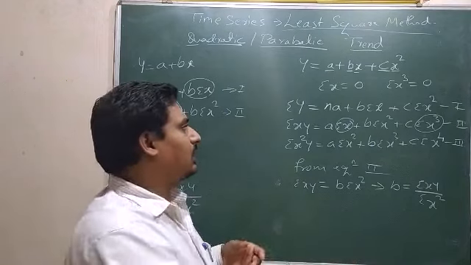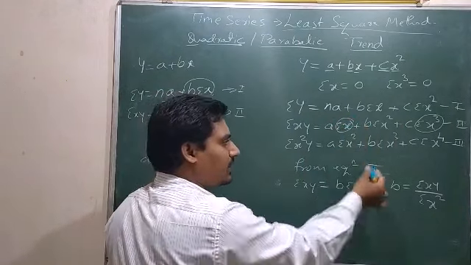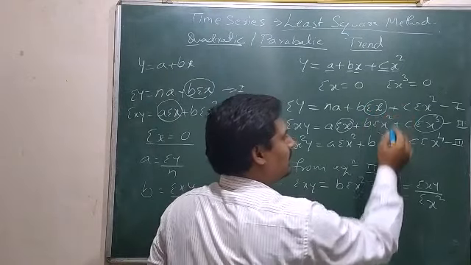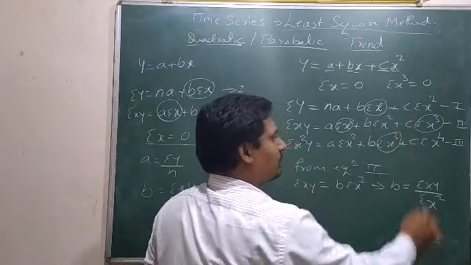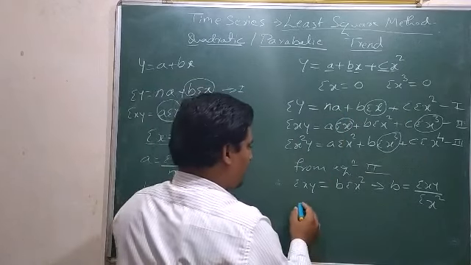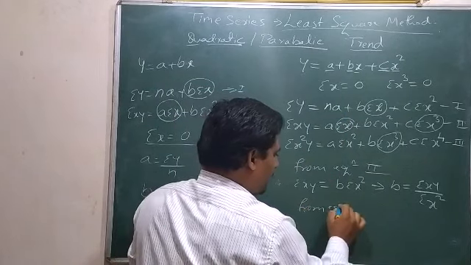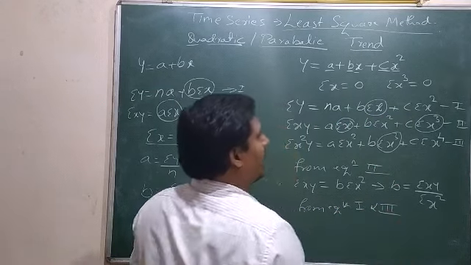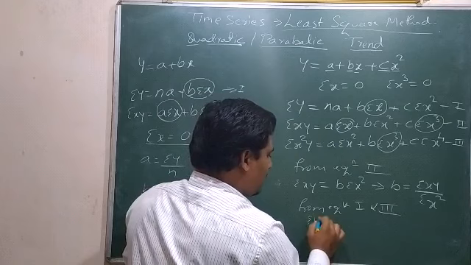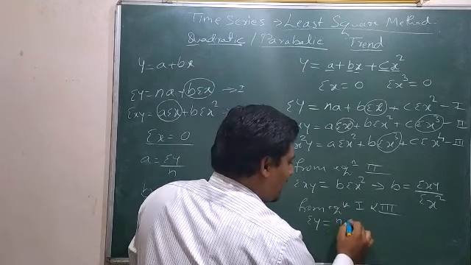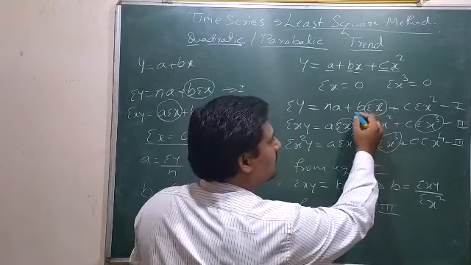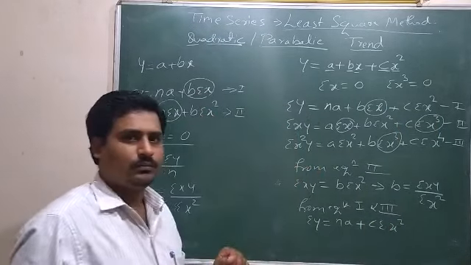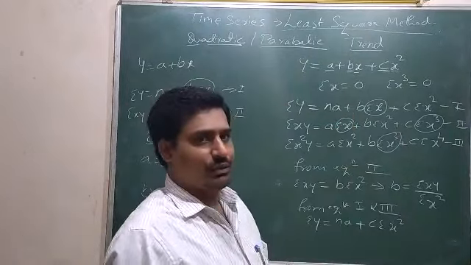Now let's solve the first and third equations. So here summation x is there, and here summation x cube. So from equations 1 and 3 we get: summation y is equal to na plus, this becomes 0, c summation x square, from the first equation.